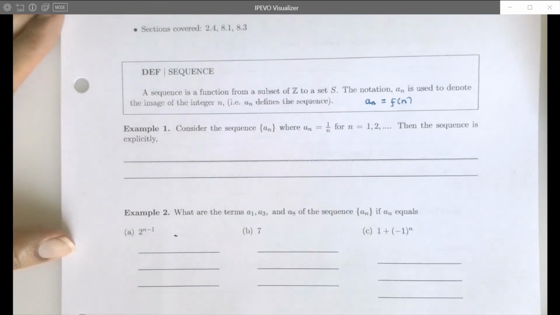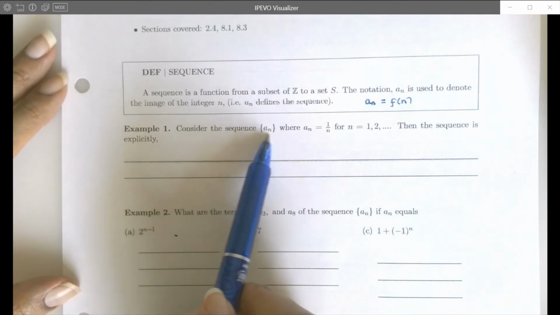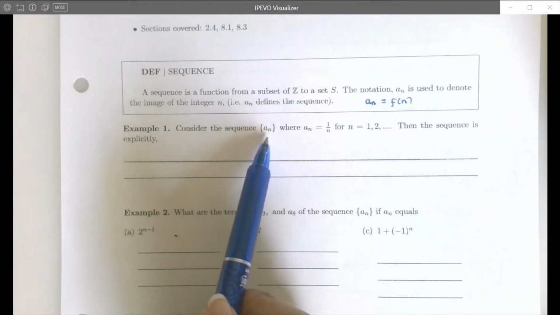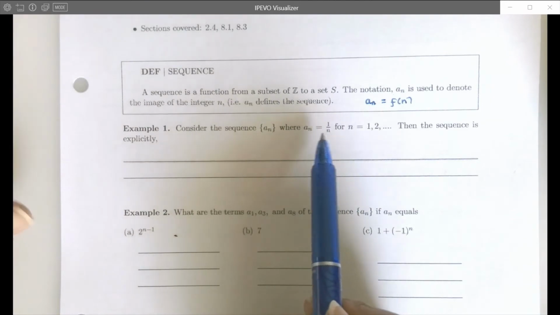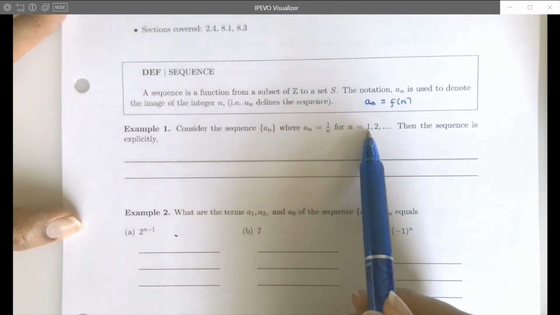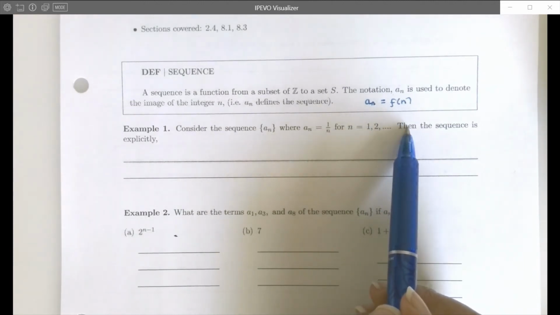So example 1, we have a sequence, and by the way, this is the way that a sequence is denoted. We have the curly braces to denote there is going to be a set that will be generated by a sub n, and a sub n is defined as 1 over n, where n is allowed to range between 1, 2, and out to any positive integer.